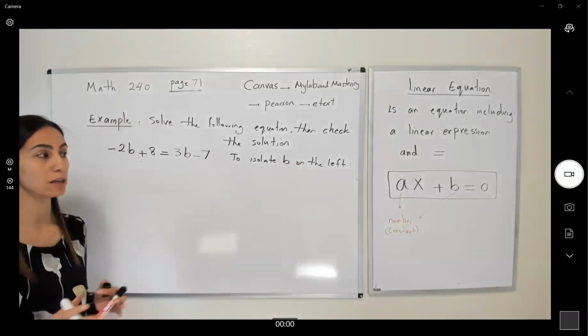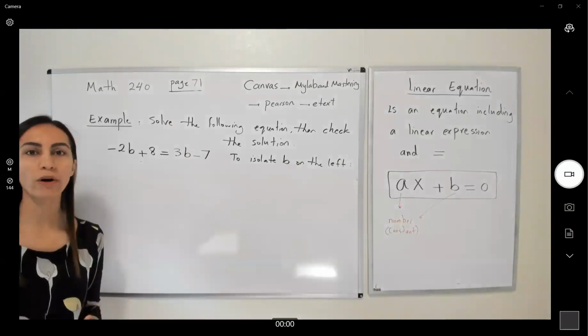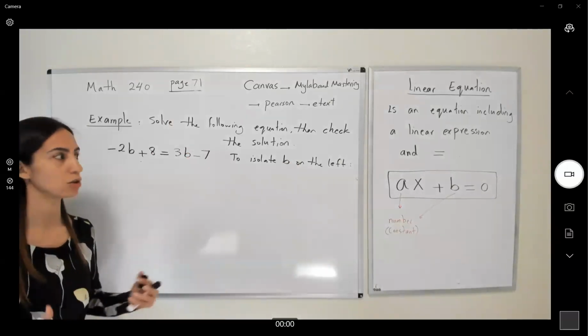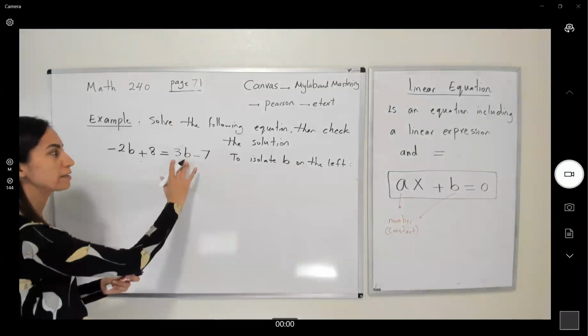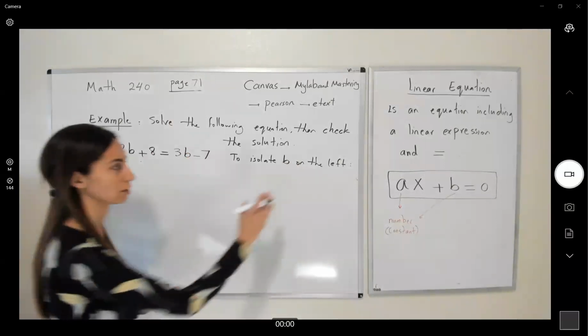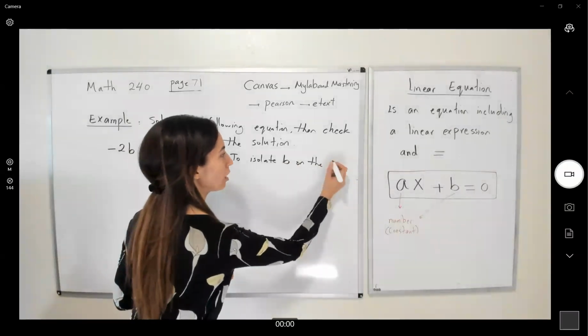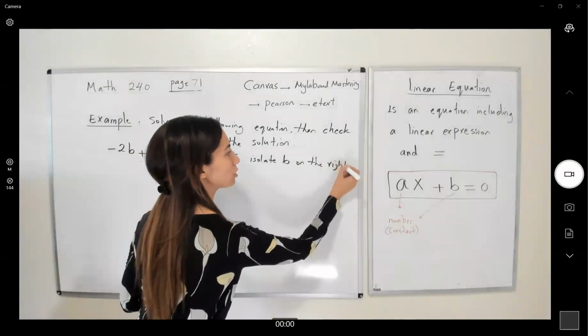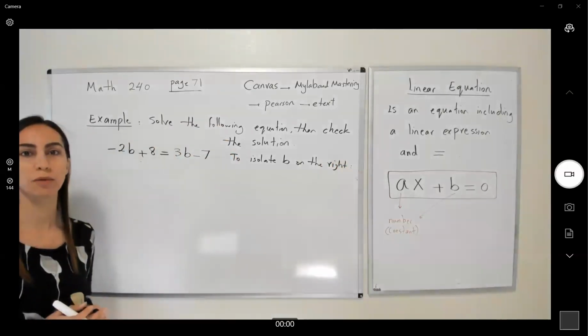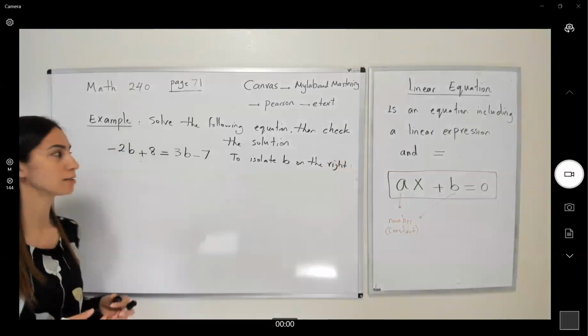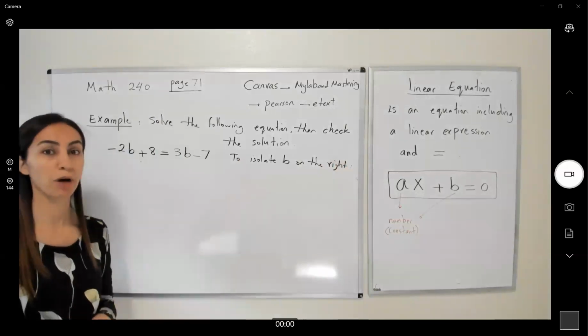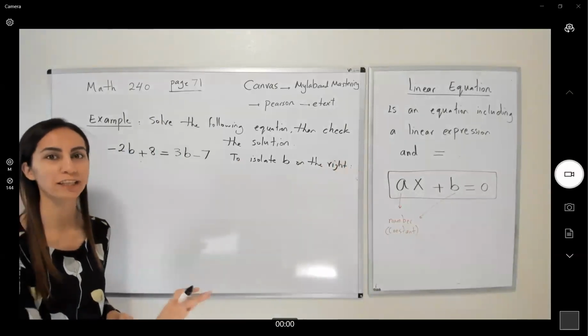It doesn't matter if it's left or right. So suppose I want to isolate b on the right-hand side. First decide on which side you want to isolate your variable. This time I decided to isolate my variable on the right-hand side.